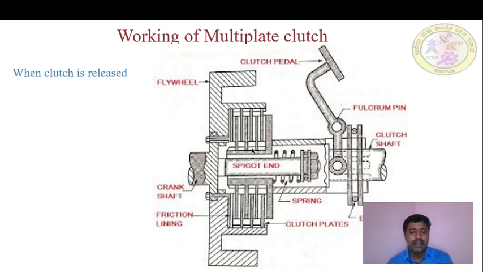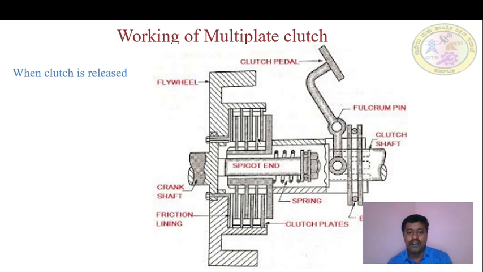So in this condition, what happens? The power will be transmitted from the flywheel to the clutch plate, and clutch plate to inner disc, and inner disc to this pressure plate assembly, and then to this clutch shaft.